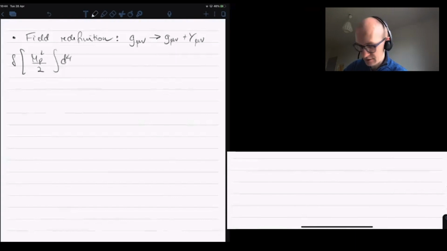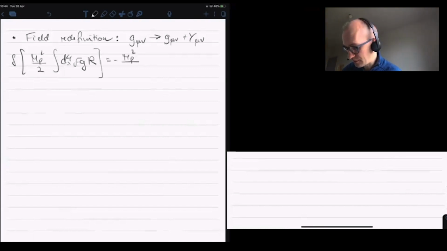So d4x minus g R. This change is, of course, something we all know how to write if we've ever derived the Einstein equations. This is equal to the Einstein tensor, so Ricci minus 1/2 Ricci scalar g mu nu, contracted into y mu nu.